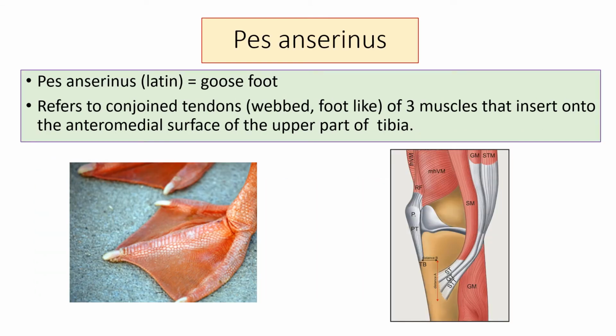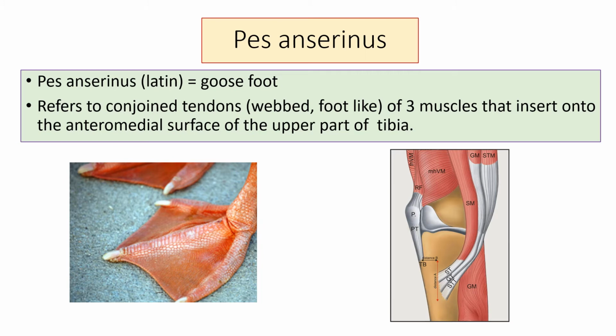Now we will limit our discussion to the pes anserinus appearance of tendons of a lower limb. So now you know what is pes anserinus. So in relation with the lower limb, it refers to the conjoined tendons of 3 muscles which will form a web that gets inserted into the anteromedial surface of upper part of tibia.